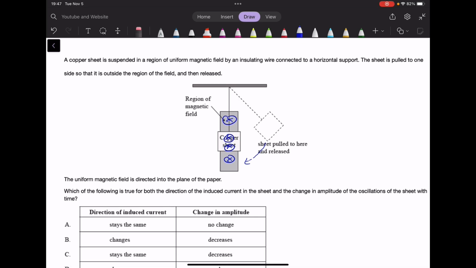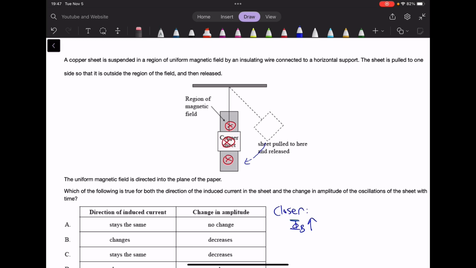So when the sheet moves closer, we can see that some magnetic field, let me change the color. So magnetic field is going through the sheet. And when magnetic field is going through the sheet, magnetic flux is changing.